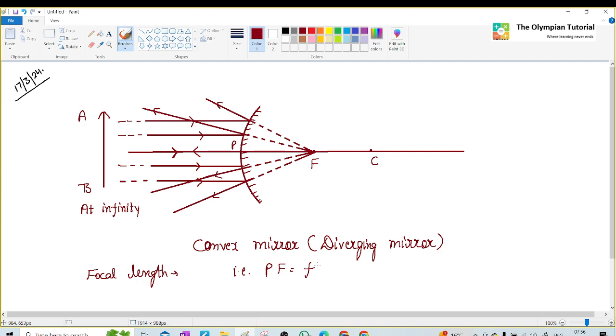Please repeat, ma'am. The length between the pole and the focus point, that is PF, is equal to F, that is the focal length.